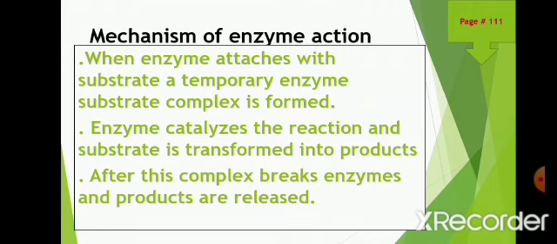Enzymes speed up the reaction and the substrate is converted into products. After this complex breaks, enzymes and products are released. When the enzymes perform any chemical reaction, they do not change, only products are released. They will remain the same throughout the reaction.